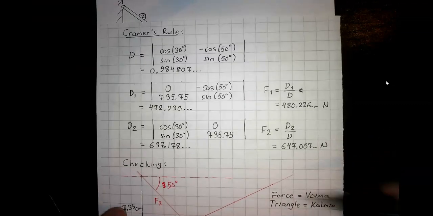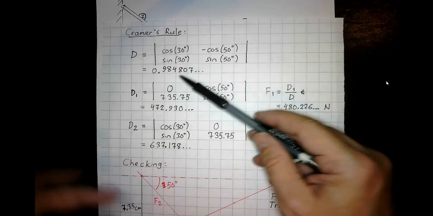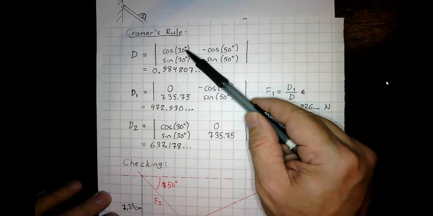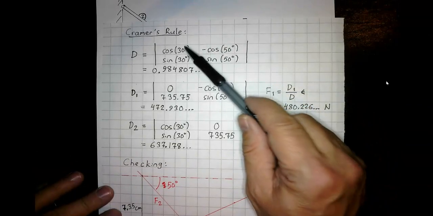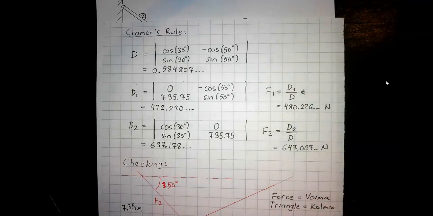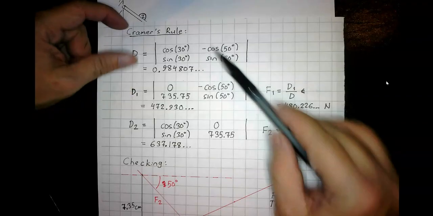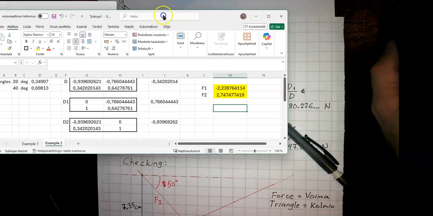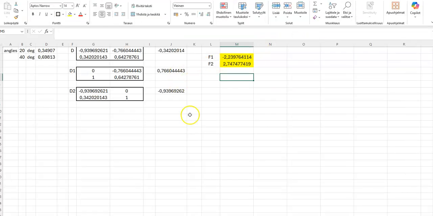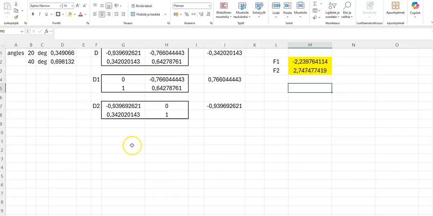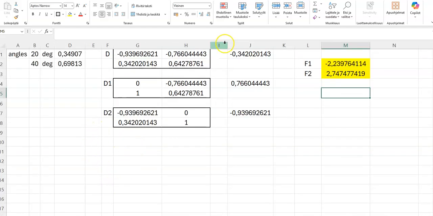You may solve those determinants by hand, or using some kind of calculator. But of course, I suggest you practice using Excel. With this kind of Excel sheets, you may solve those pairs of equations.